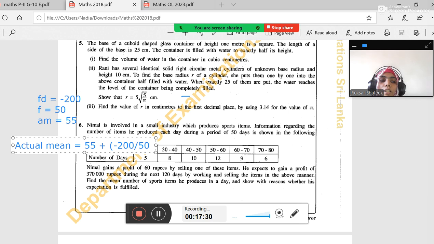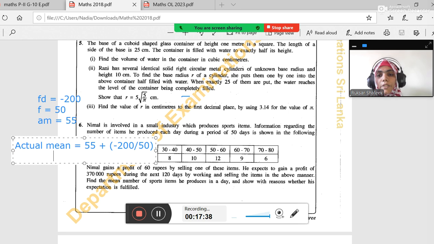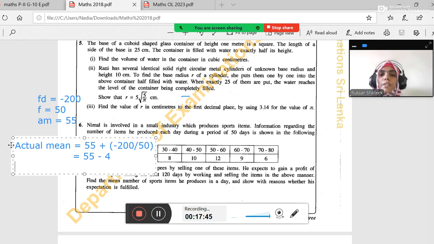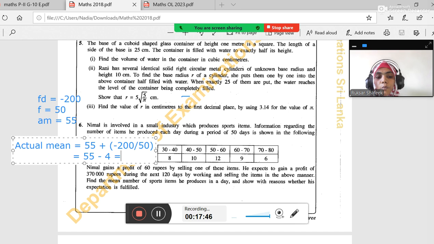So that is minus 200 divided by 50, which gives minus 4. So 55 minus 4 is once again equal to 51. That is the mean that we got using the FX method as well. So I believe it is clear to you how we can work out these questions in both the FX method and the FD method, right?